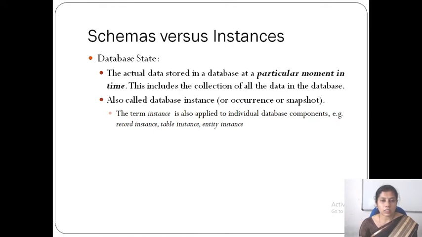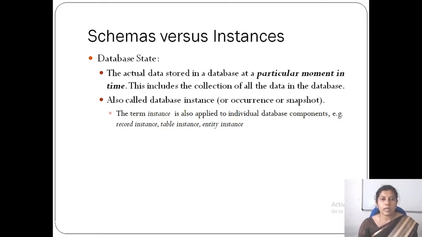Now, this database state is also called database instance. That means at a particular moment, how much data I have in my database. That gives you the instance or the snapshot. It is also called database state. If I say instance, it can be used for individual database components, like a record instance, table instance, or entity instance.